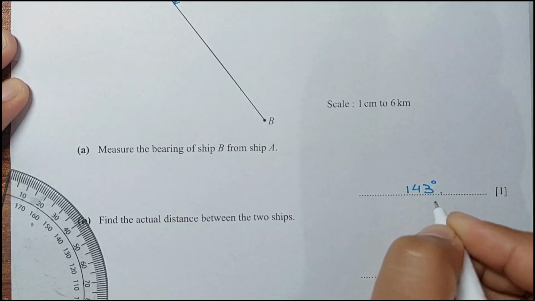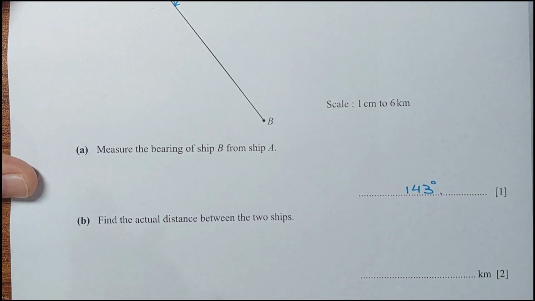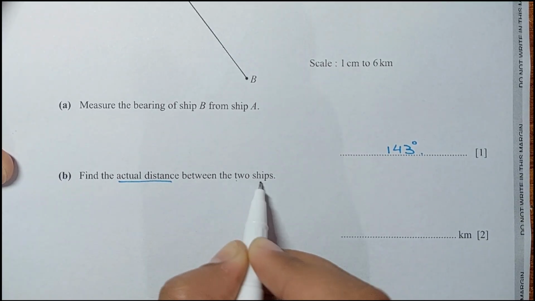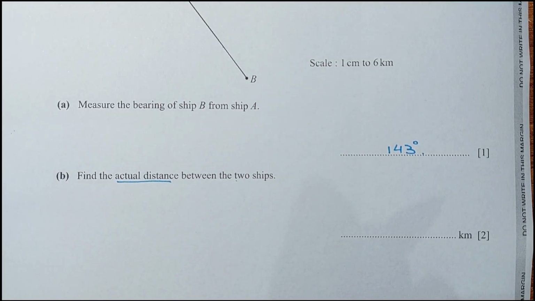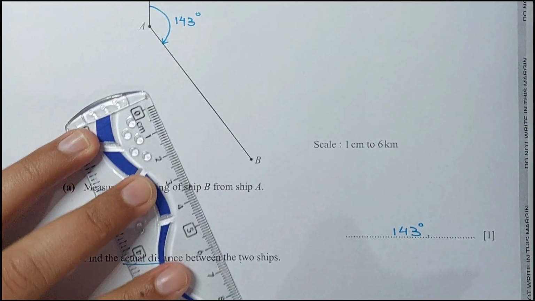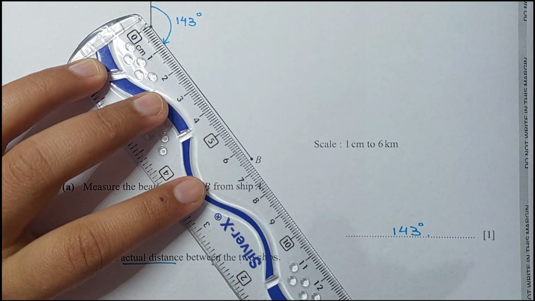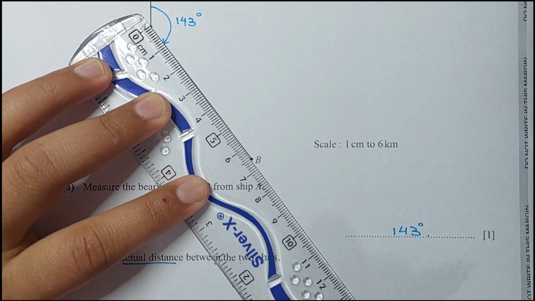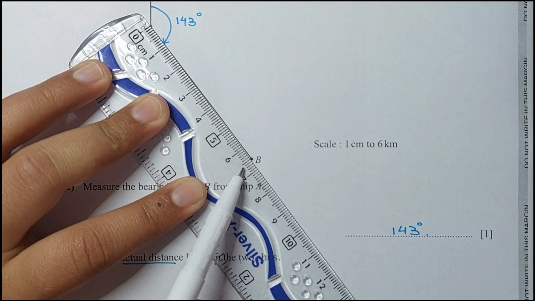Now for part B, find the actual distance between the two ships. First find out in terms of centimeters between two ships. This is 6.5 centimeters. You can see from 0 to 6.5.